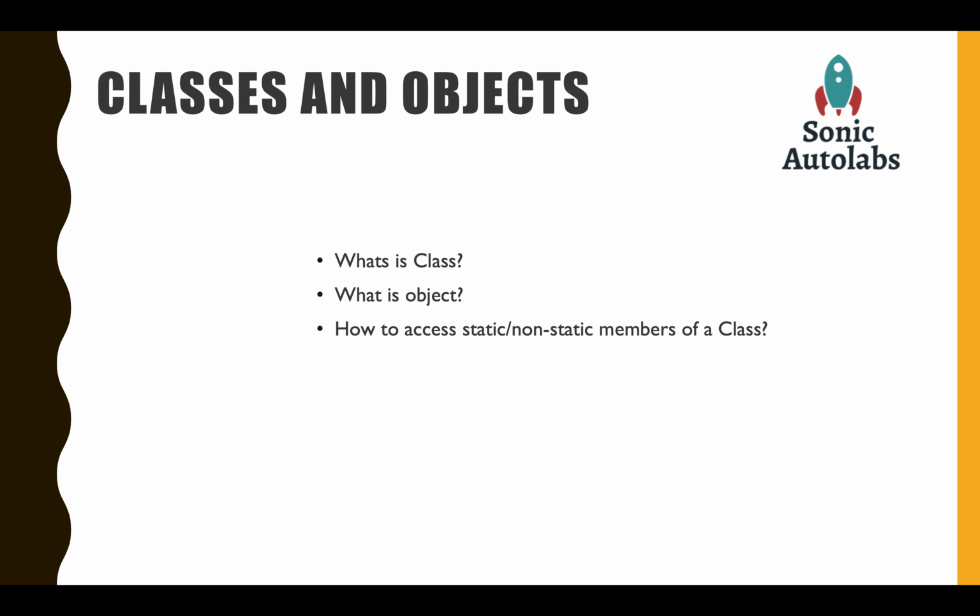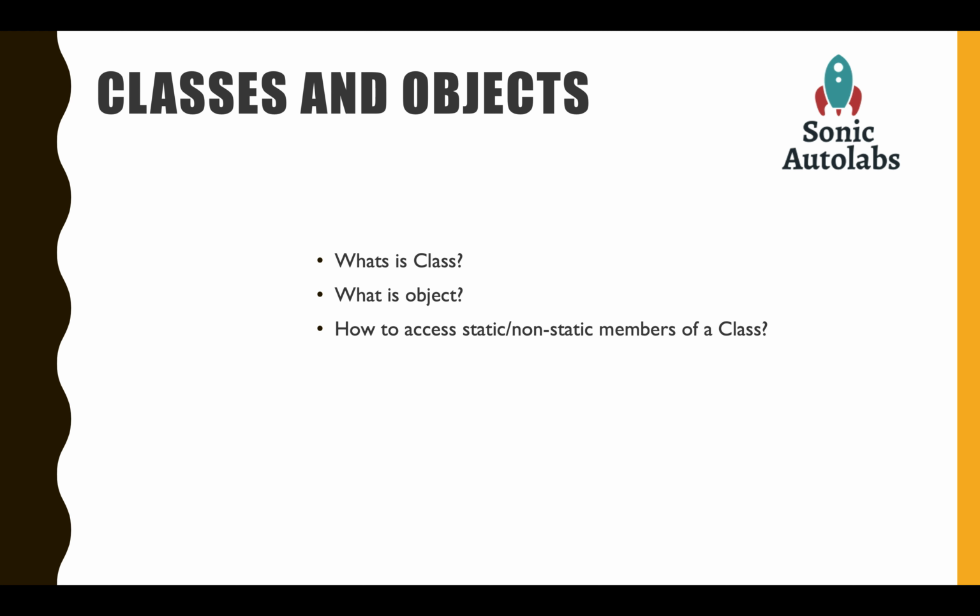Whenever the JVM loads these .class files, since the JVM runs in RAM, these .class files will be loaded from hard disk to RAM, and then the objects will get created.